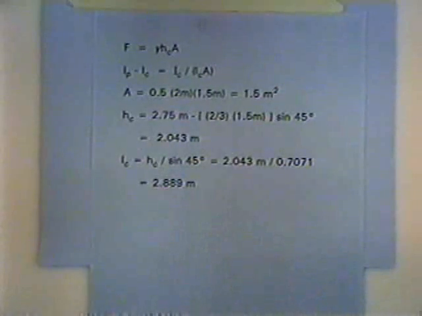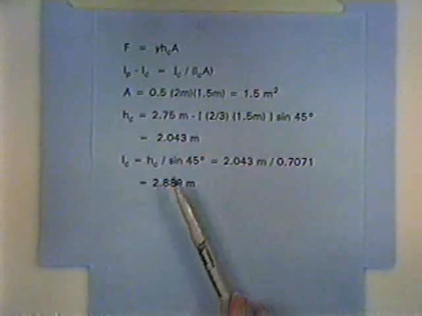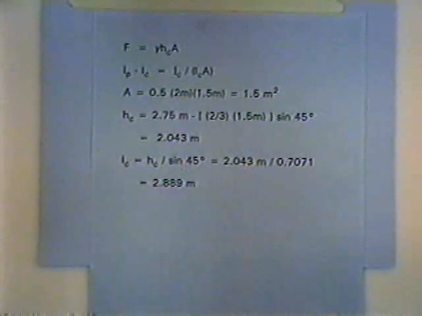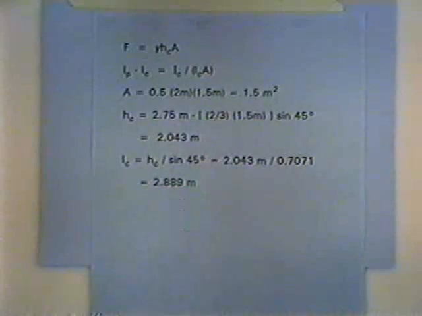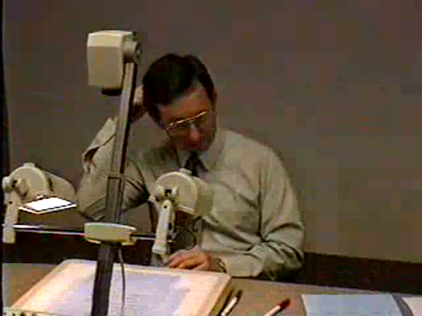And then the L sub c is measured along the incline, and so we can take h sub c and divide it by the sine of 45 degrees to get the measurement along the 45-degree incline, which is longer, 2.889 meters. And so those are some of the terms we'll plug into our equation.